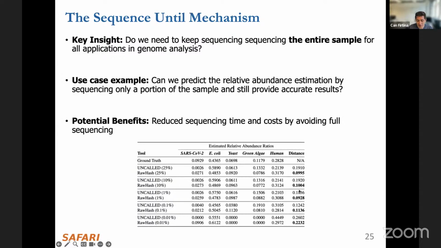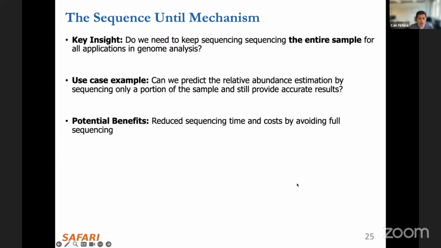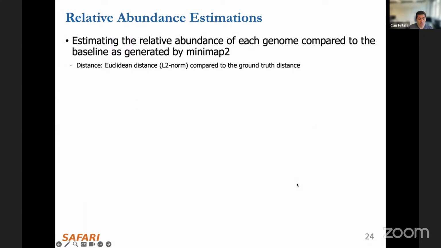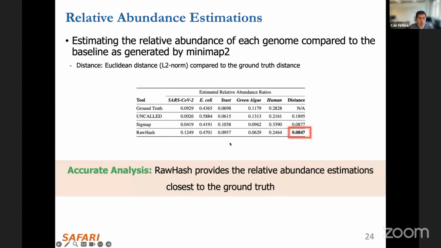And the answer that we find is almost always yes, depending on the portion of the sample that is being sequenced. So in the case of 25%, 10%, even with the 1% values, the estimations that we're making using these tools are pretty close to the distances that we generate using the entire mapping information.